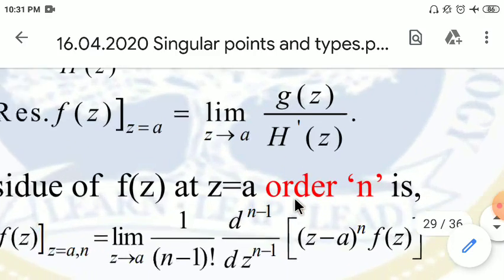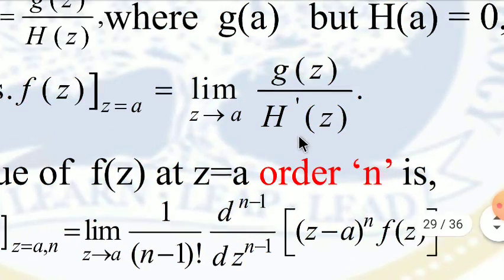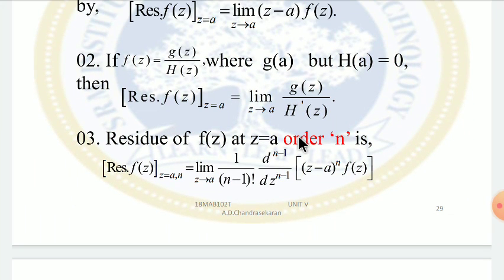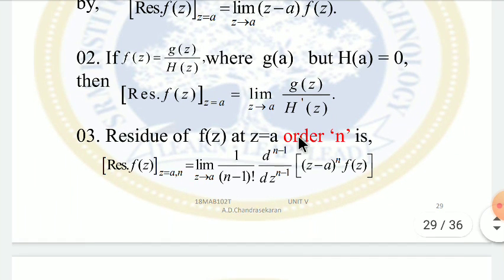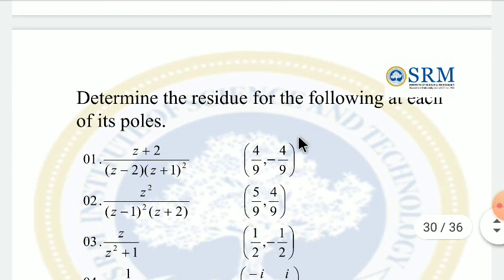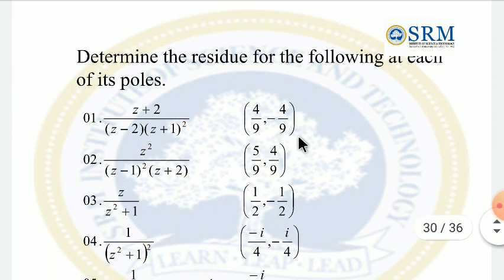Let us see some problems so that you can easily understand how to compute the residue value of f of z at the poles. So these are some questions. Determine the residue for the following at each of its poles.